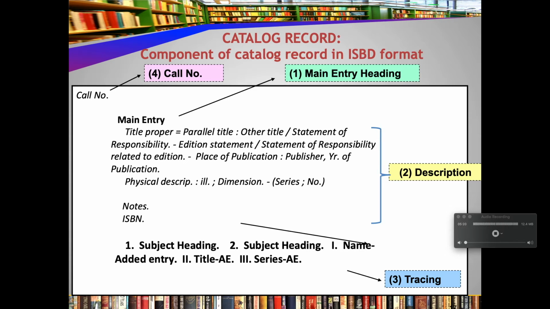Catalog records normally consist of 4 components. Number 1, the main entry heading, which is normally the author of the book or information package.